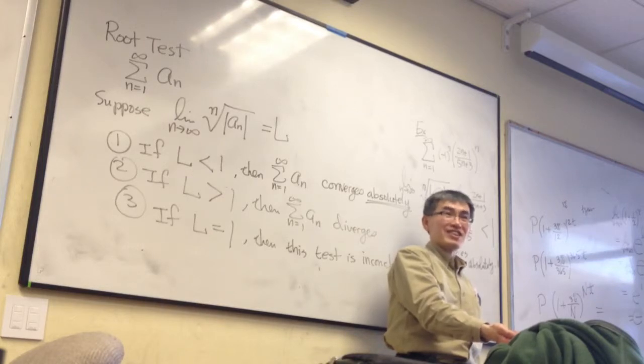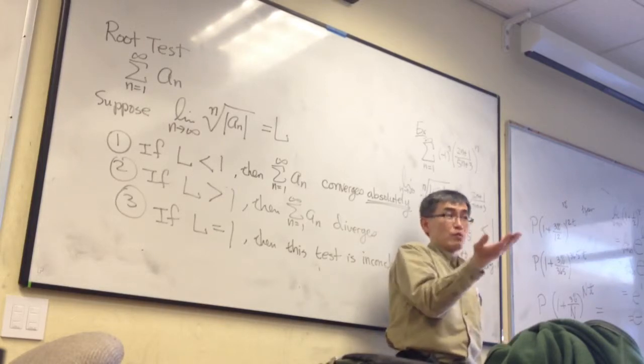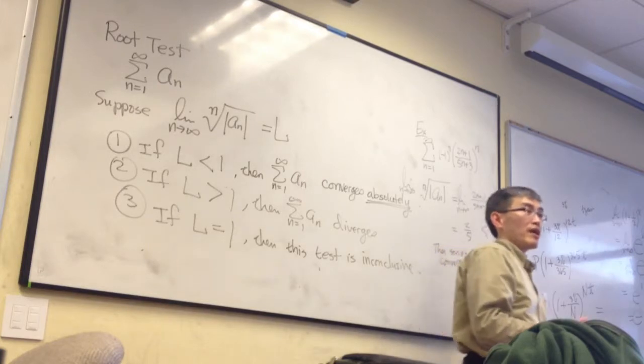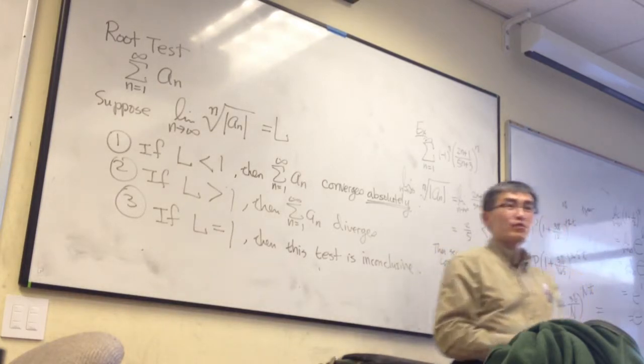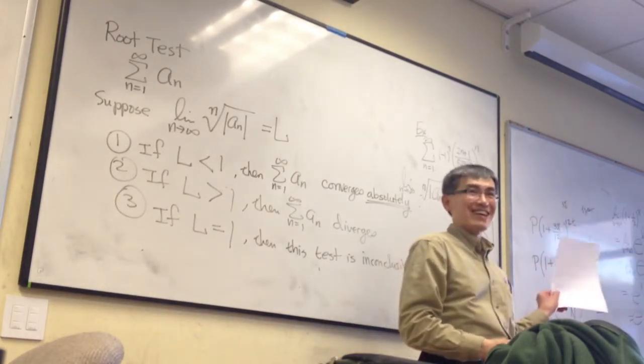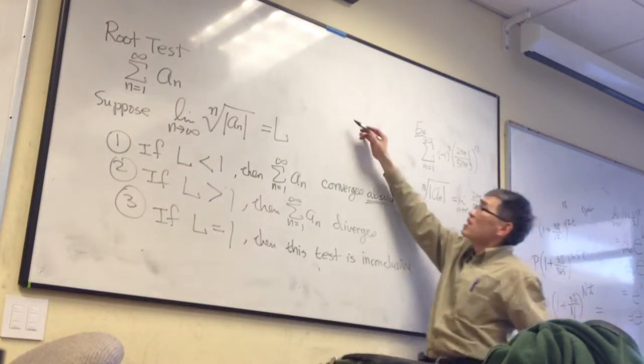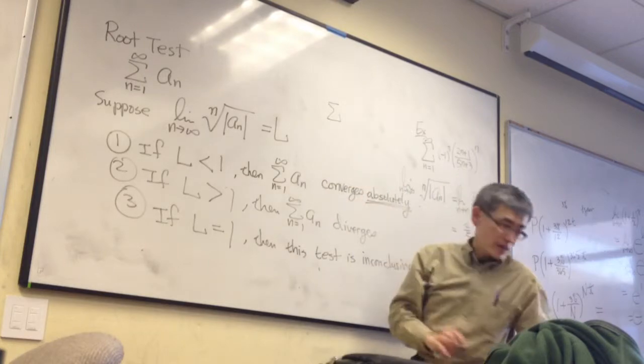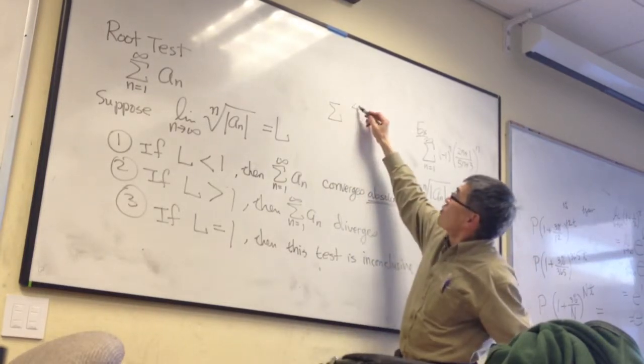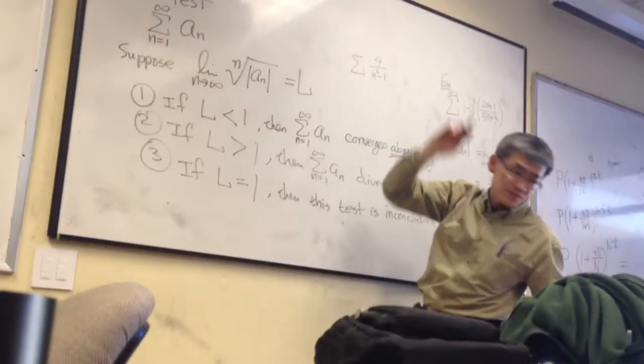All right, so for example, take that quiz example again: the sum from n equals 2 to infinity of 4 over n squared minus 1.